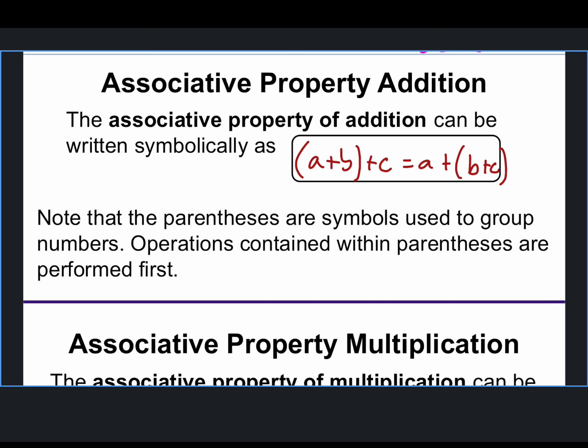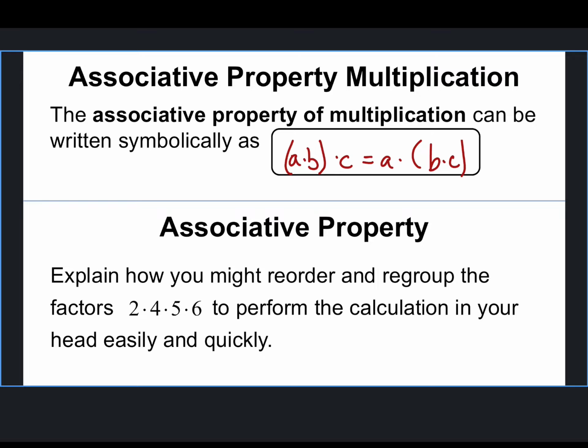Symbolically, we can write that as the quantity A times B times C. We can regroup that as A times the quantity B times C. Again, the way that works is that we would multiply the A times B, and then multiply it by C. On this side, we would multiply the B times C together and then multiply by A. And it turns out that the result of those is the same.